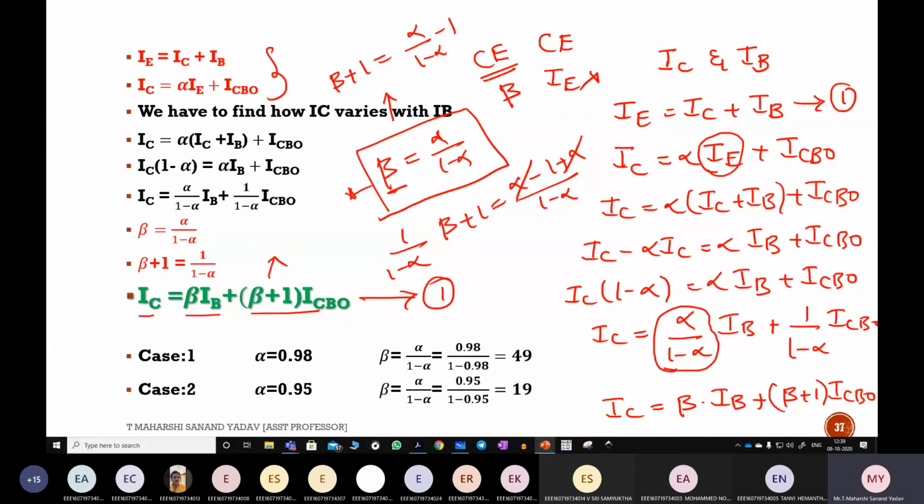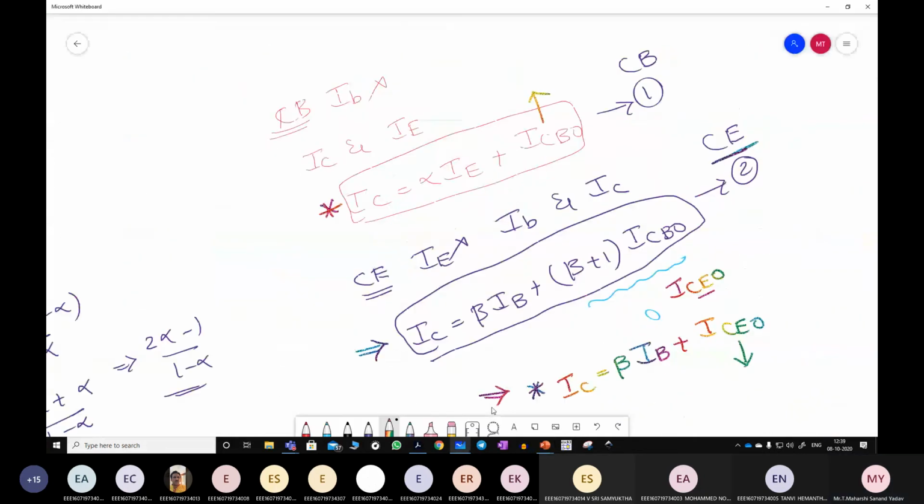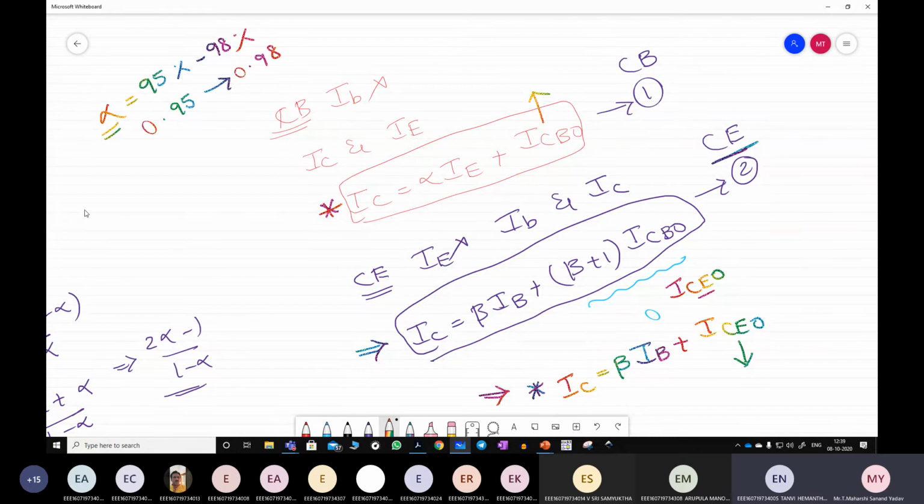See what we know, alpha will be in the range of... What is the range of alpha in common base? 95 to 98, sir. I'm not asking the recombination rate. Only alpha in collector. So 0.95 to 0.98. And what is the relationship between alpha and beta?